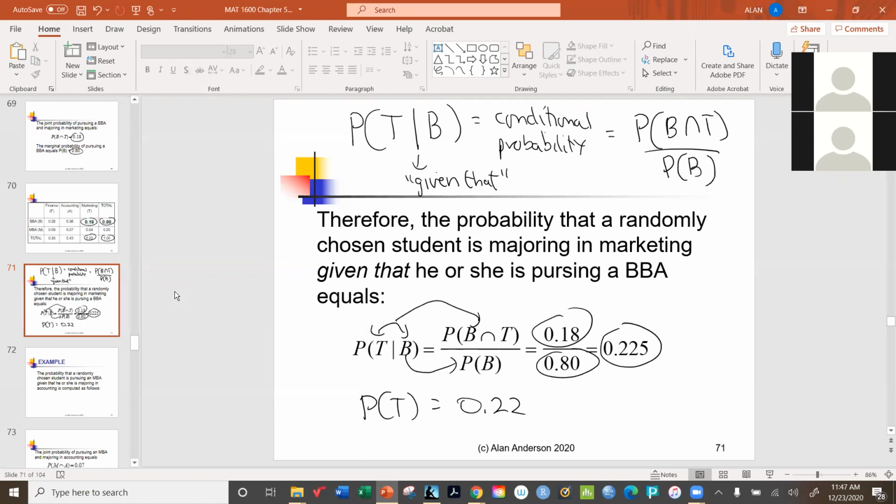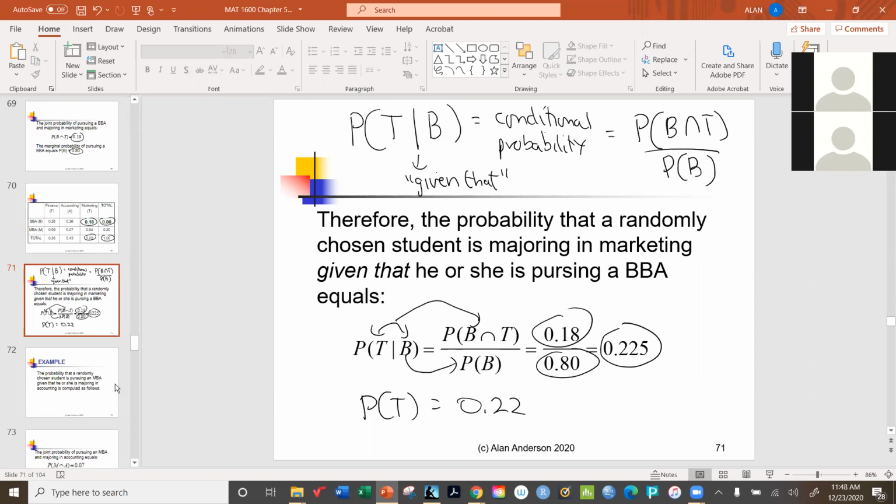Okay, so it's a joint probability of these two events in the numerator, the unconditional probability of this event in the denominator. It's always the same. So if you remember that, you'll never have a problem with conditional probabilities. All right, so I know you're skeptical. It looks scary, but it's not. It just takes a little practice.